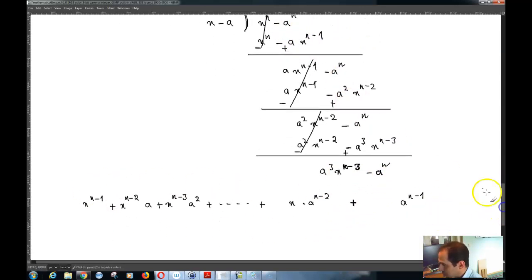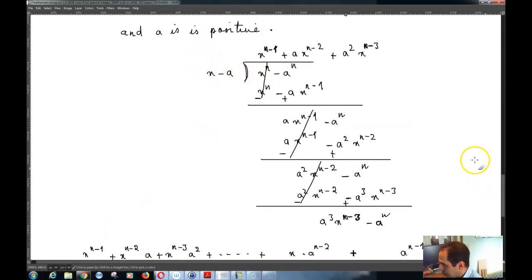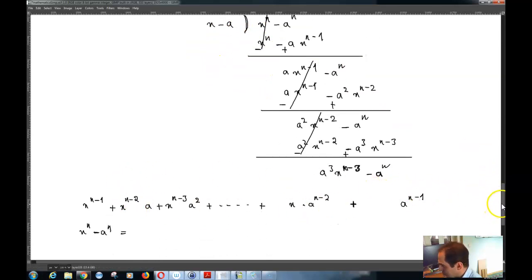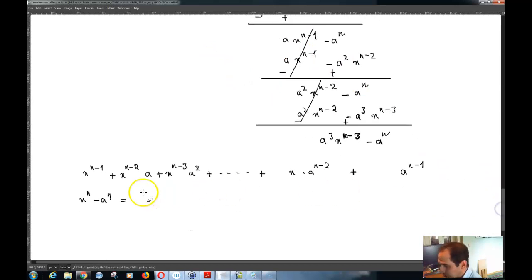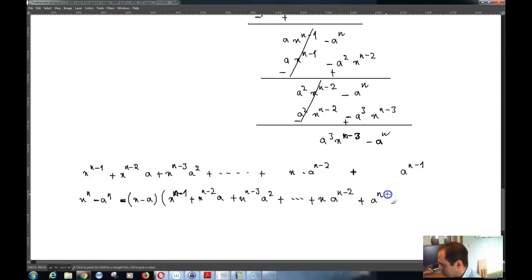Or you can write x raised to the power n minus a raised to the power n as the product of x minus a and this whole thing over here, which is x raised to the power n minus 1 plus x raised to the power n minus 2 times a plus x raised to the power n minus 3 times a squared, plus all the way up to x times a raised to the power n minus 2 plus a raised to the power n minus 1. So that is how you can write this.